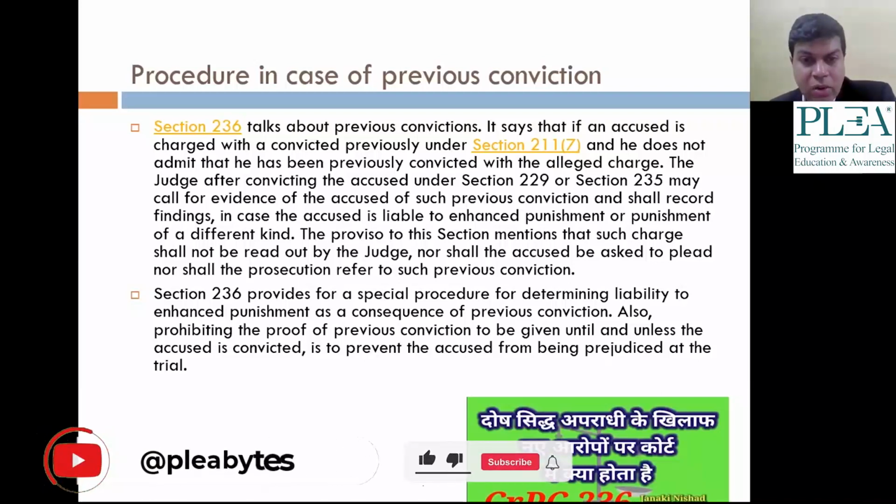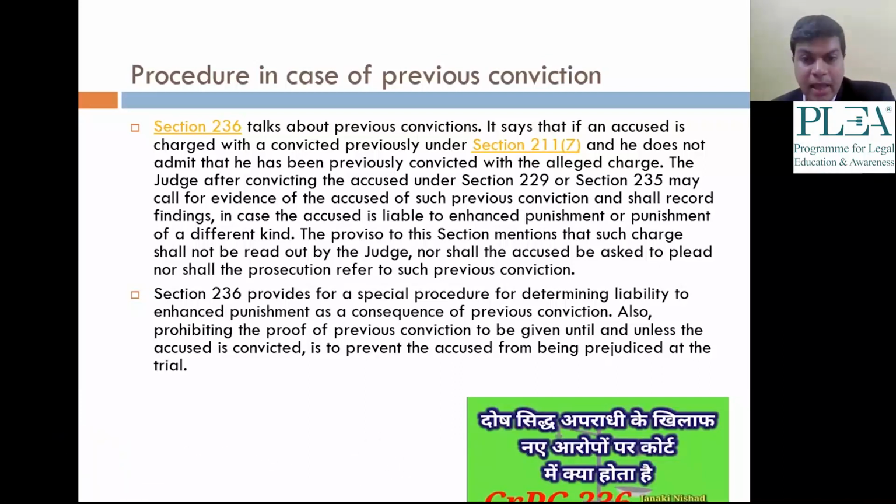Section 236 also provides for a special procedure for determining the liability to enhanced punishment as a consequence of a previous conviction. Say the accused has committed offenses numerous times, and it is produced in this case that in a similar case the accused was given punishment, yet the accused has committed a similar offense a second time.